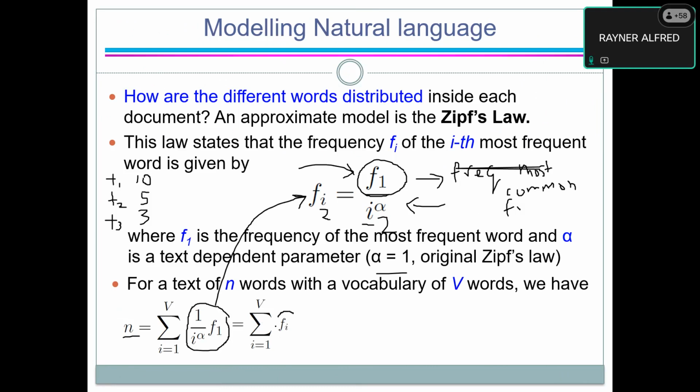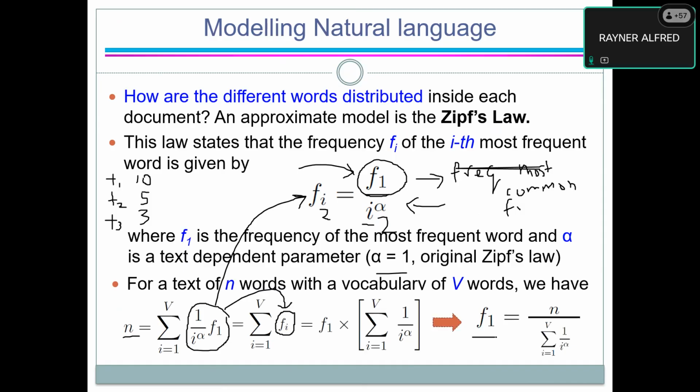So we can replace this with this one, and then we take out the F1 times this. Finally we can compute F1 based on this, because F1 is constant, right? So F1 can be computed, and then the rest of them can be automatically computed based on what you have here.